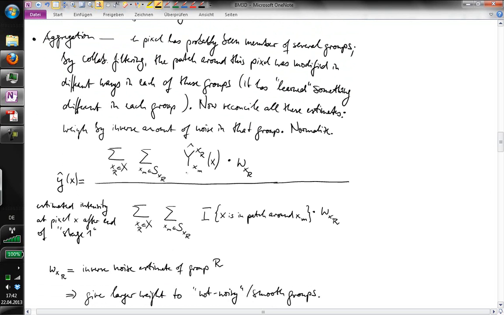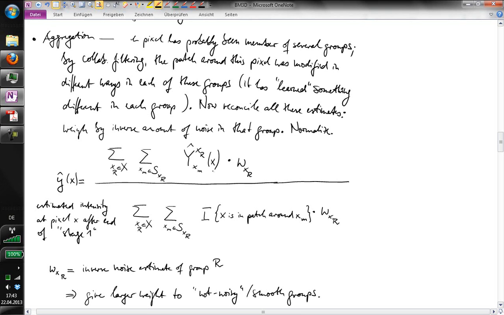Y hat in this formula is just a single patch out of the group. Yeah, Y hat is a patch, and it's one that has already been denoised. So capital Y hat is a patch, but we're reading it out at location X, so this is a single pixel. Yeah, the indexing here is the trick. It's very subtle.